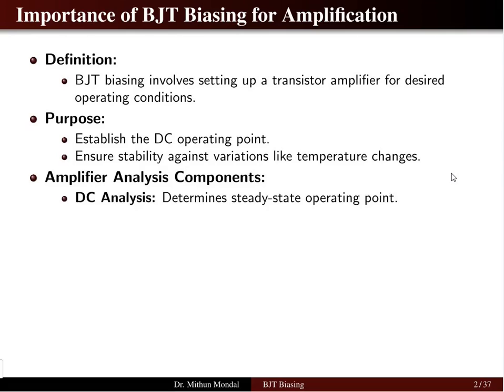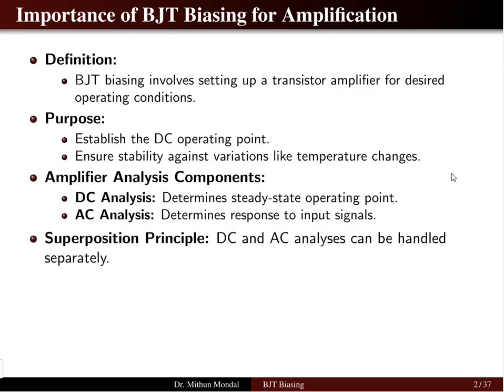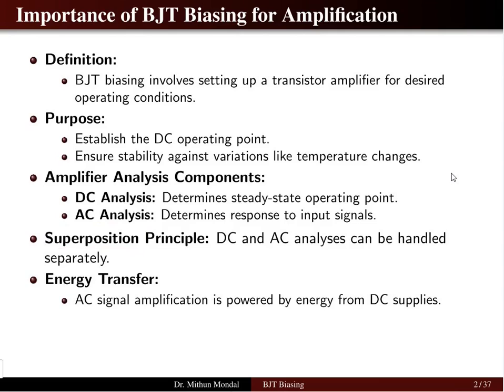Amplifier analysis components: we have the DC analysis, where we determine the steady state operating point, and in the AC analysis we determine the response due to the input signal. We apply the concept of superposition, where the DC and AC analysis can be handled separately, and the energy transfer that takes place due to the signal amplification in the AC is powered by the energy from the DC supply.